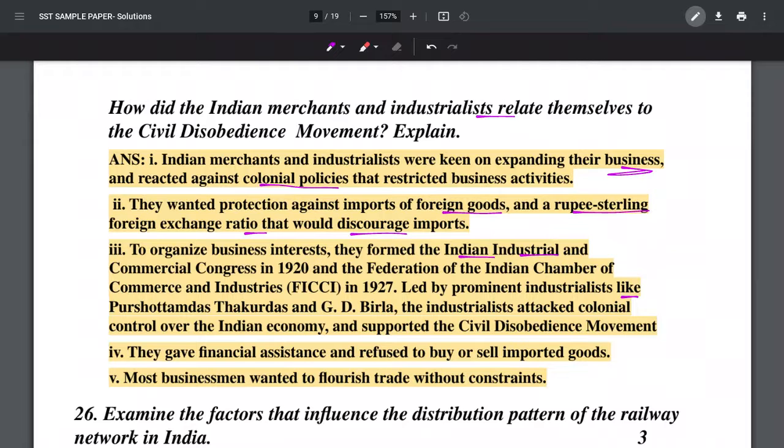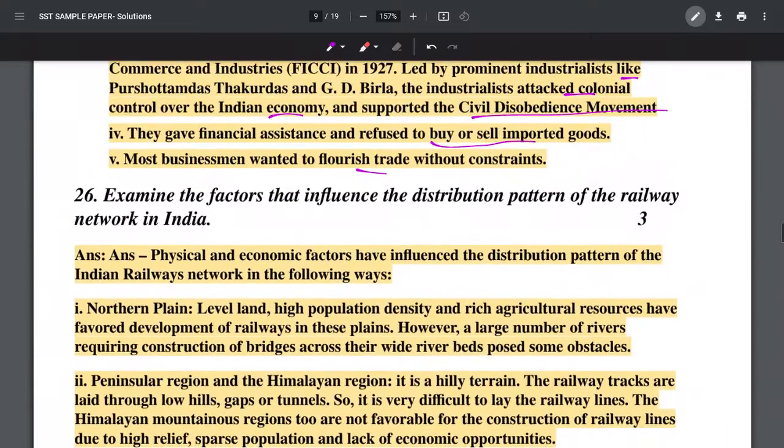It helped these people to grow more, and the industrialists attacked colonial control over the Indian economy and supported the disobedience movement. And finally, they gave financial assistance and refused to buy or sell imported goods. Even the businessmen wanted to flourish trade without any constraints and restrictions. All right, that's the answer.